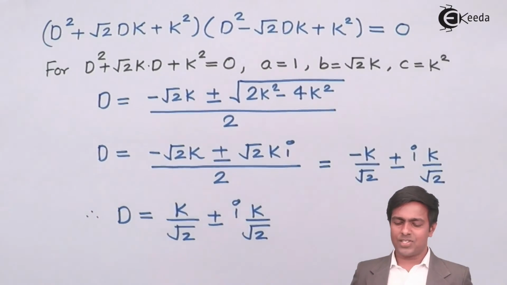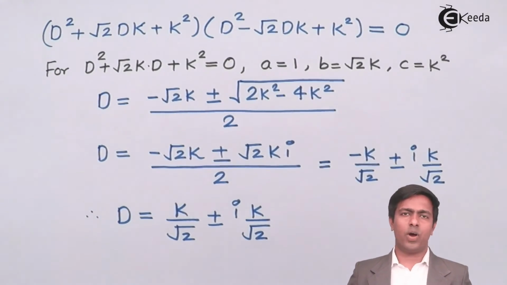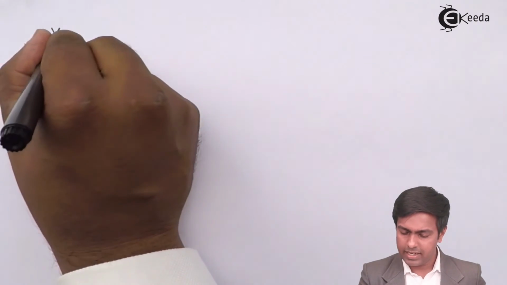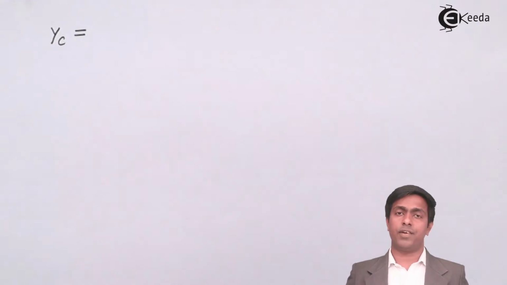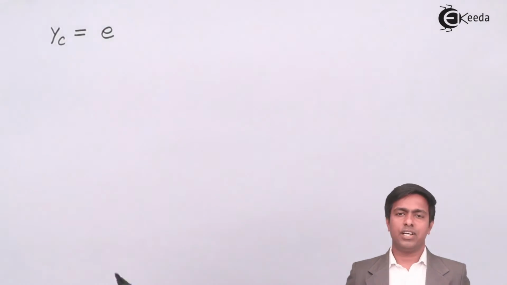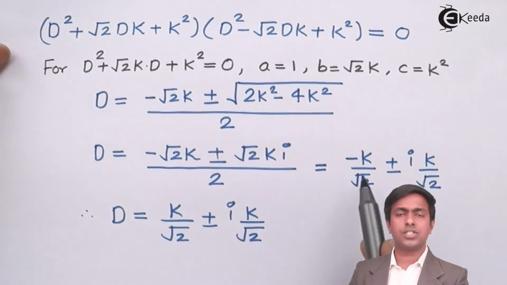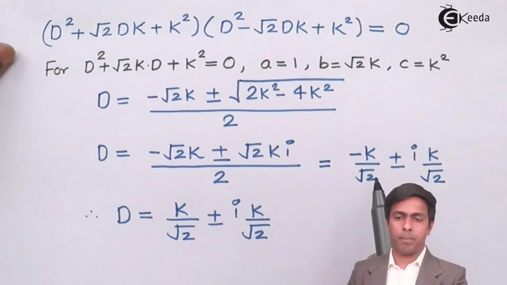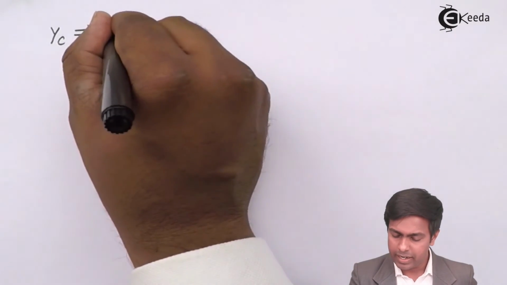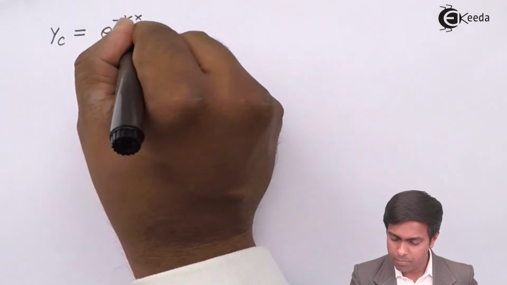They are different. So let's find out the yc, or the complementary function, for this. The complementary function, that is yc, is given by the formula e to the power real part. Now in the first two roots, the real part is negative k by root 2. So that will become negative kx by root 2.